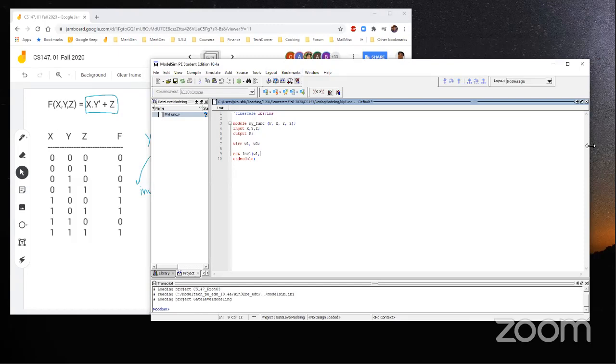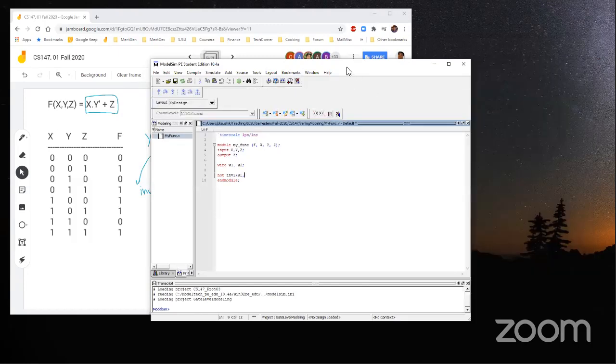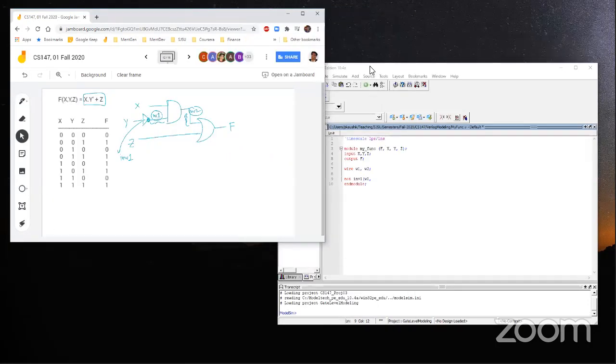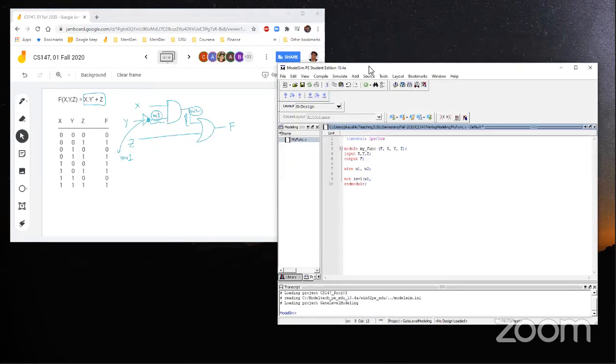Output of W1, and input is Y. Then my AND, let's say the instance name is AND1.